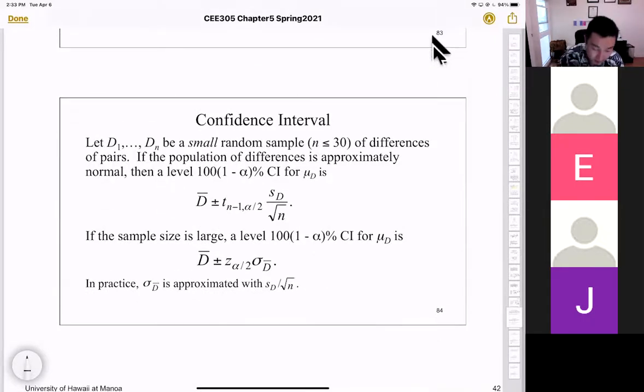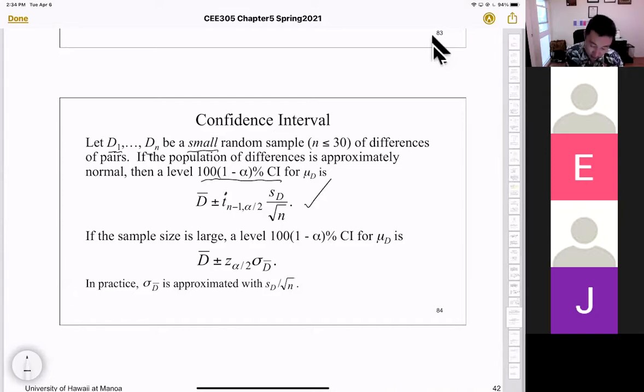Here's the equation. D1 to Dn is a small random sample of differences of pairs. For this level of confidence interval, we should use this equation. As we can see, we use the t value because this is a small sample.